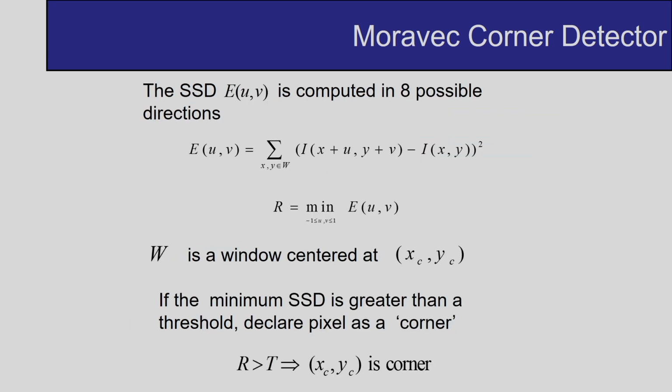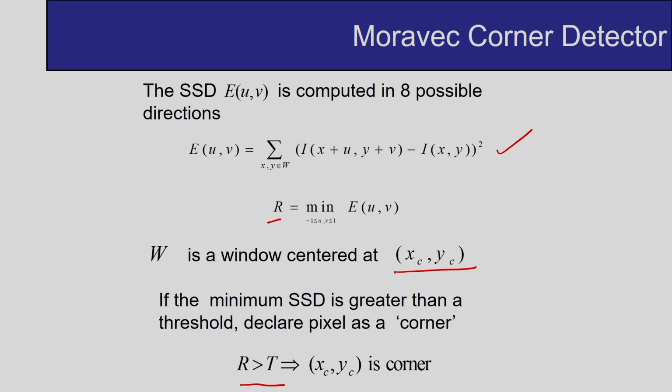So, the SSD, that is EUV, I can compute for 8 possible directions like this, and in this case I am determining the response. The response is nothing but the minimum of EUV, and the W, that is the window, is centered at the point XC, YC, and if the response is greater than a particular threshold, that corresponds to the corner points. So, this is the concept of the Moravec corner detector.